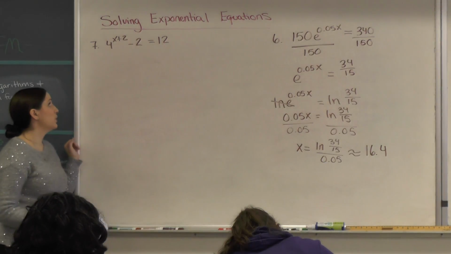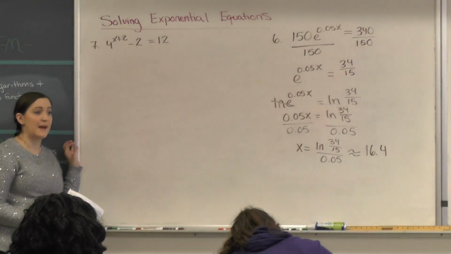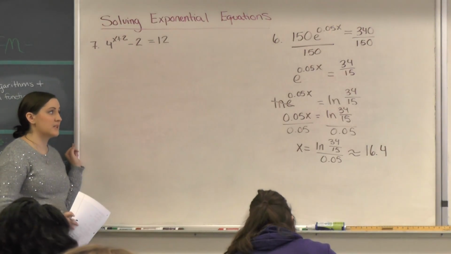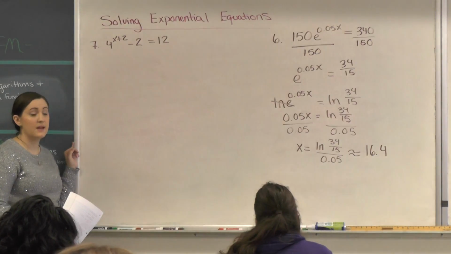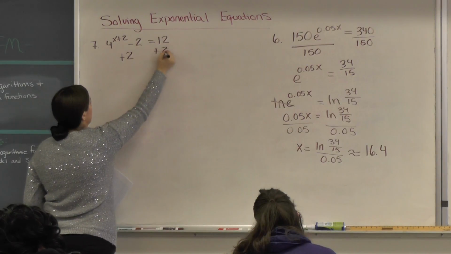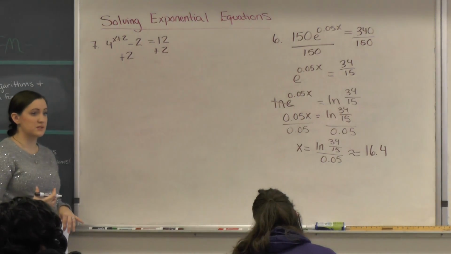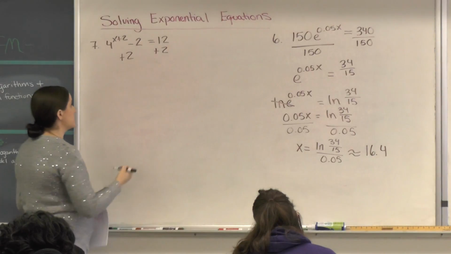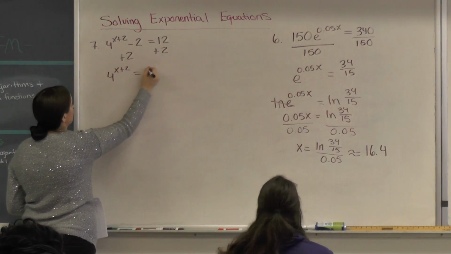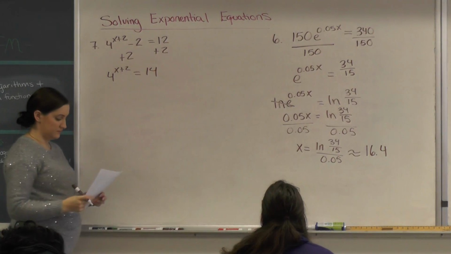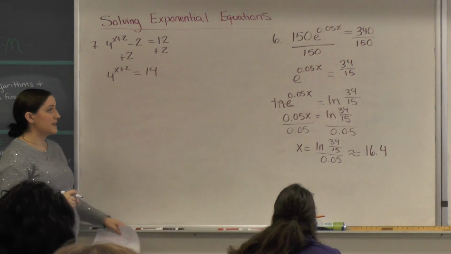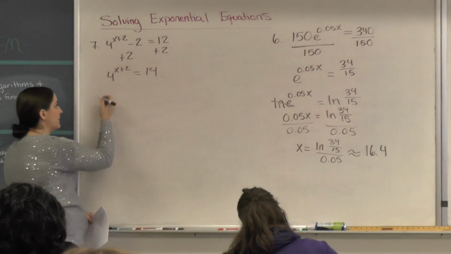Okay, so this problem I have 4 to the power x plus 2 minus 2 equals 12. How would I isolate my exponential expression? Add 2. You're going to treat this just like a simple equation in order to isolate your expression. Okay, now that my expression is isolated, take the logarithm of both sides.